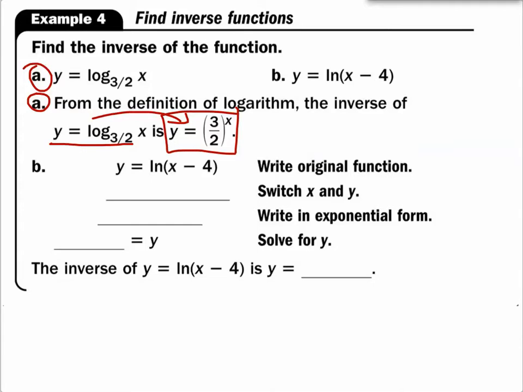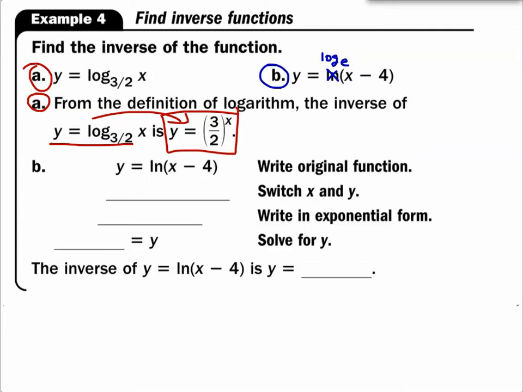Here, though, Part B, they are also scaring you with new notation at the same time. It says y equals ln, and ln is log base e. Every time you see ln, which by the way stands for Logarithmus Naturalis, the Latin version of the words natural logarithm.